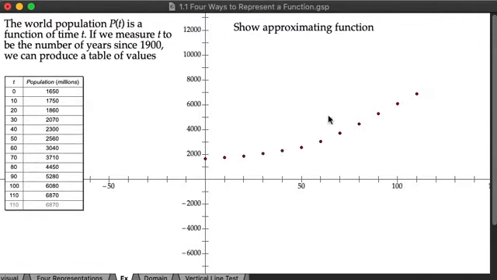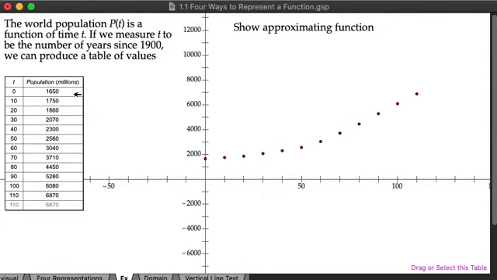So here is another real-world example that involves some data. Here's the world population P as a function of time. T is the number of years since 1900. So T equals 0 means we're at the year 1900.